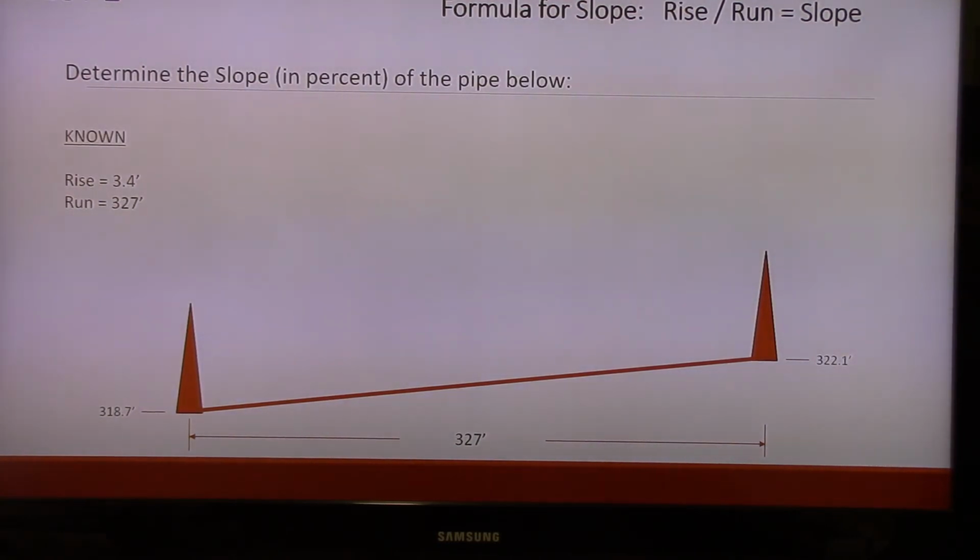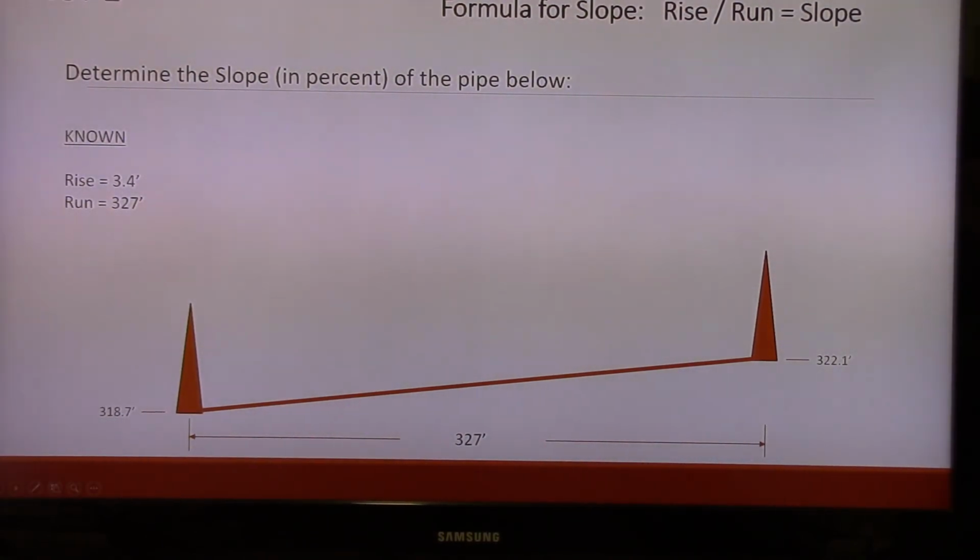So that's 3.4 feet, the rise, divided by the run, 327 feet. That should give you an answer of 0.010. Now, if that doesn't sound like a percentage, there's a reason for it. We still have another step left here. You've got an answer, but it's only in decimal form. It's not real complicated. The only step we have left is converting that decimal to a percentage.